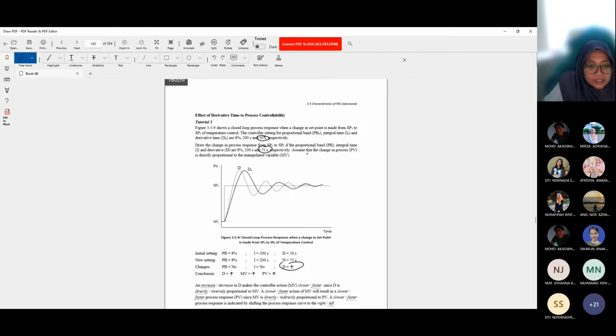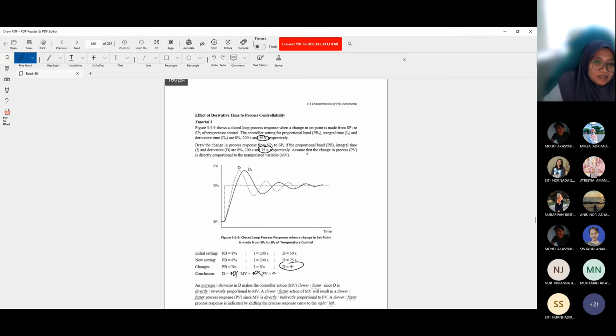So increase of D would increase the MV because the relationship between D and MV is directly proportional. So when MV increase, our PV also would increase because the relation is also directly proportional. So when PV increase, our response will shift to the left.